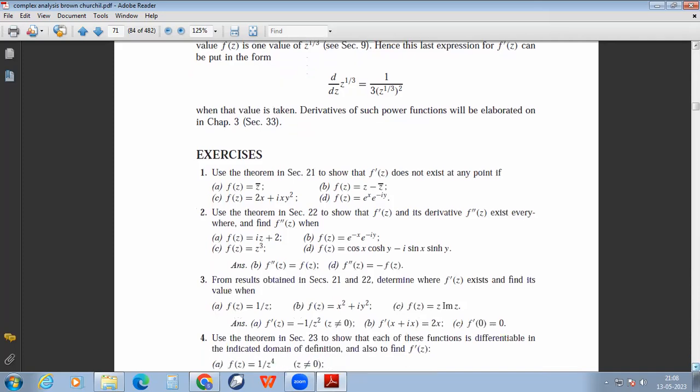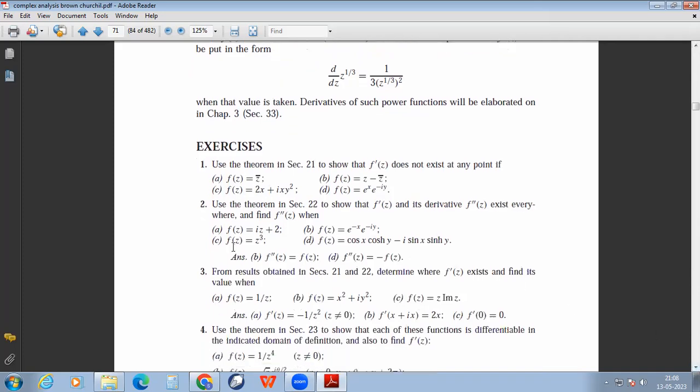So I would like you people to solve the first two questions today itself, and if there is any doubt you'll ask me. Just take a screenshot of this immediately. See, in the first question, go for f of z equal to z bar.